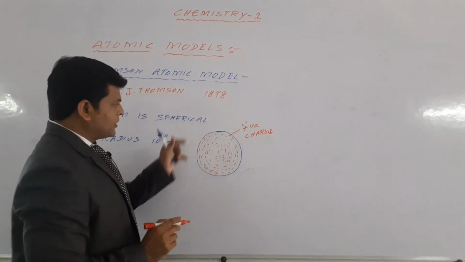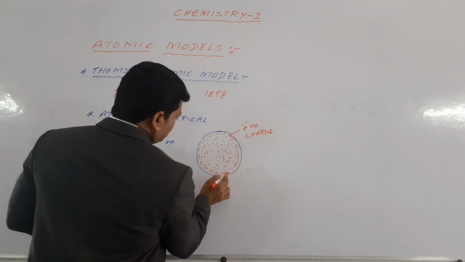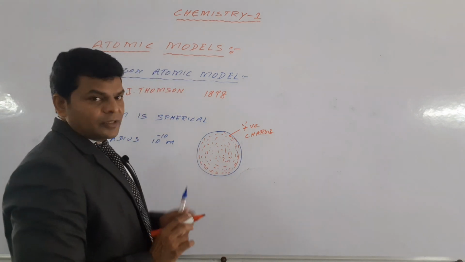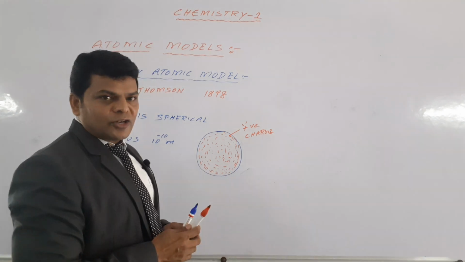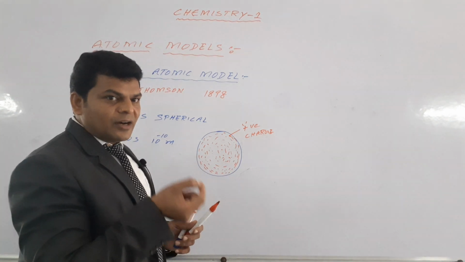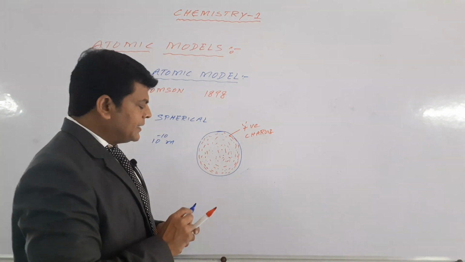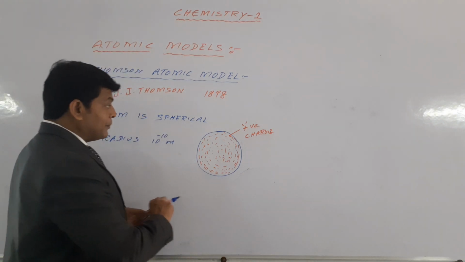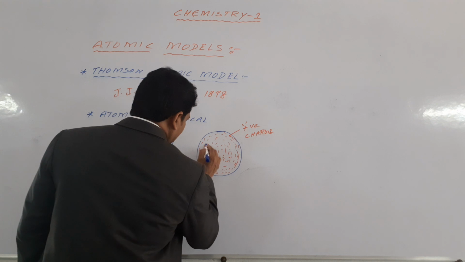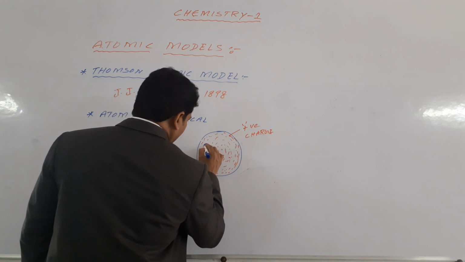In between the positive charge, electrons are embedded, like this. Electrons.